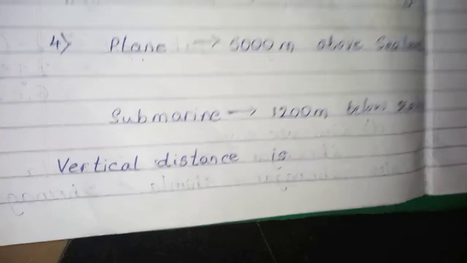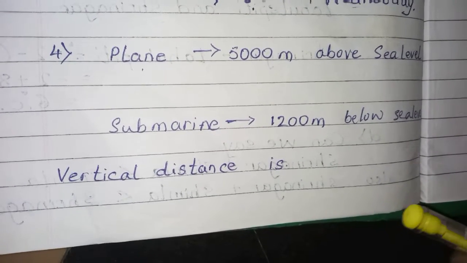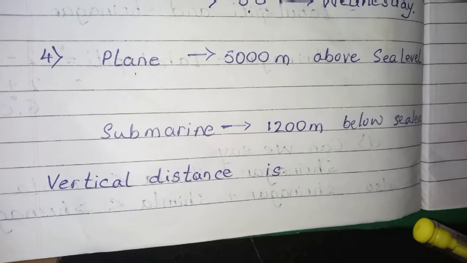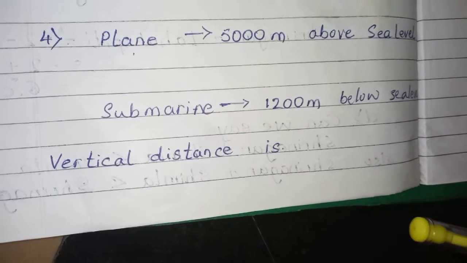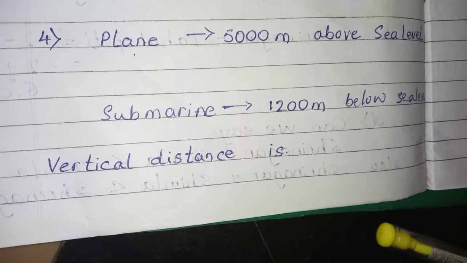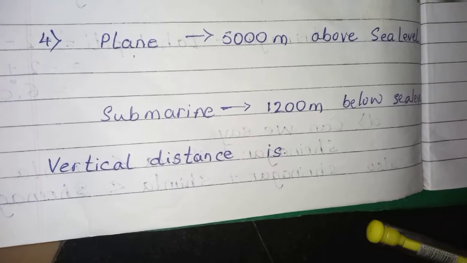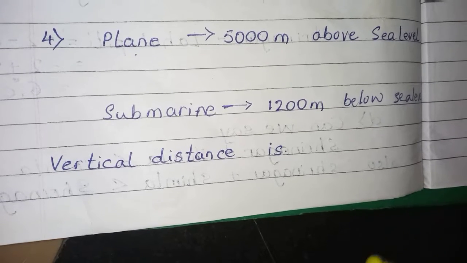Now the fourth question. There is a diagram also with that. A plane is flying at a height of 5000 meters above sea level. At a particular point, it is exactly above a submarine floating 1200 meters below sea level. What is the vertical distance between them?